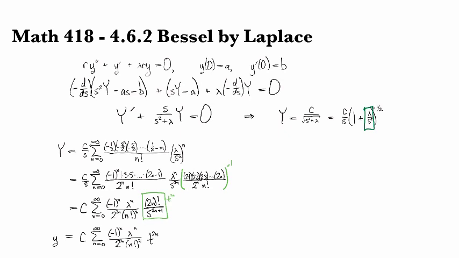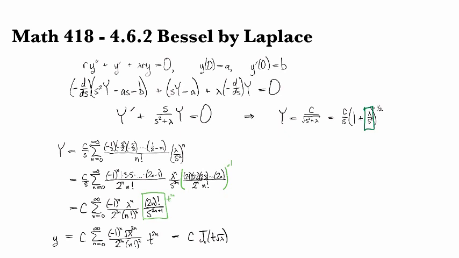So if I want to combine those terms, I can make this a square root raised to the power 2n. And then this is exactly c times j naught of t root lambda.